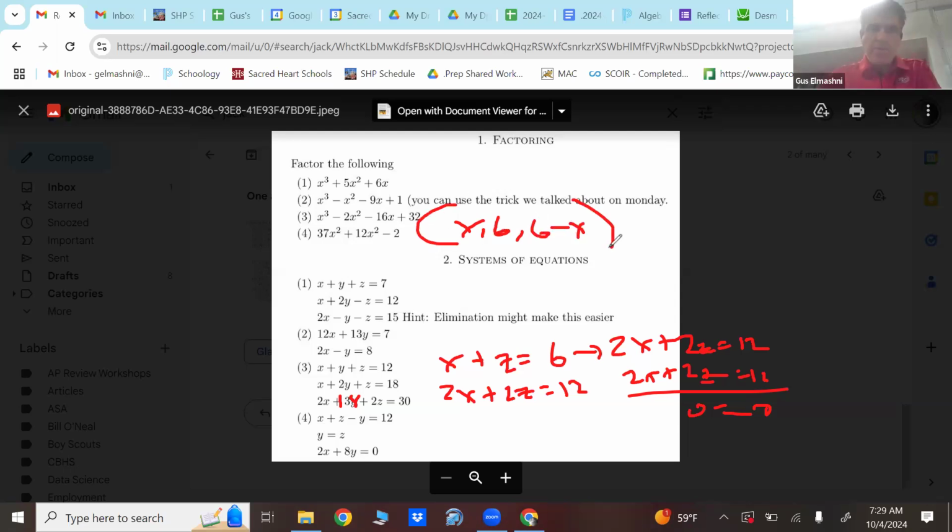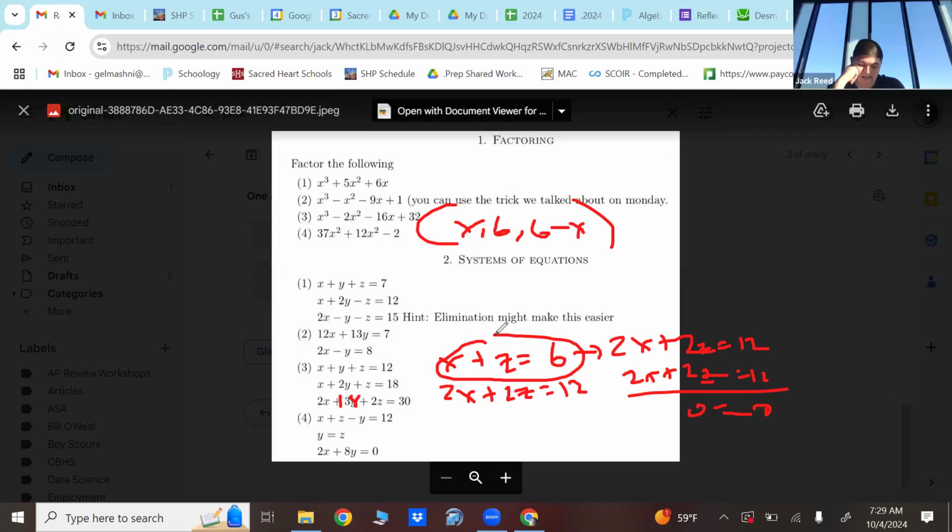That could be your general solution, because you know the relationship between x and z is that. I'm guessing that's probably what your teacher's looking for. And then the last one is fairly simple.